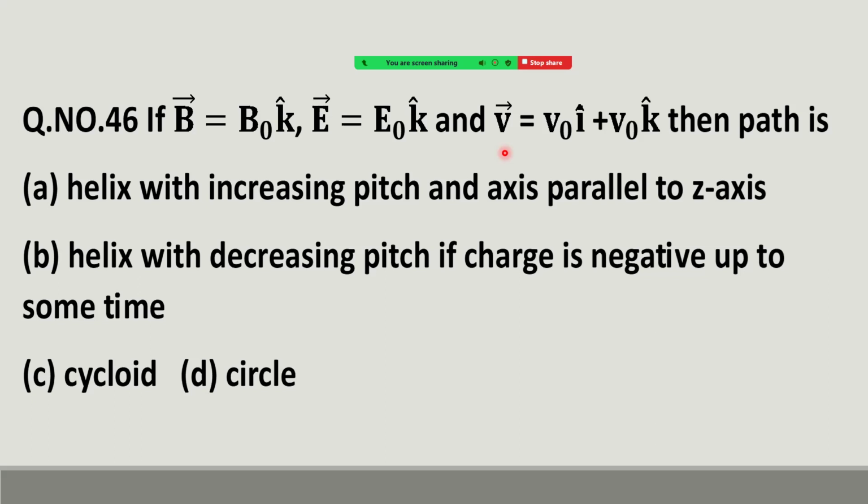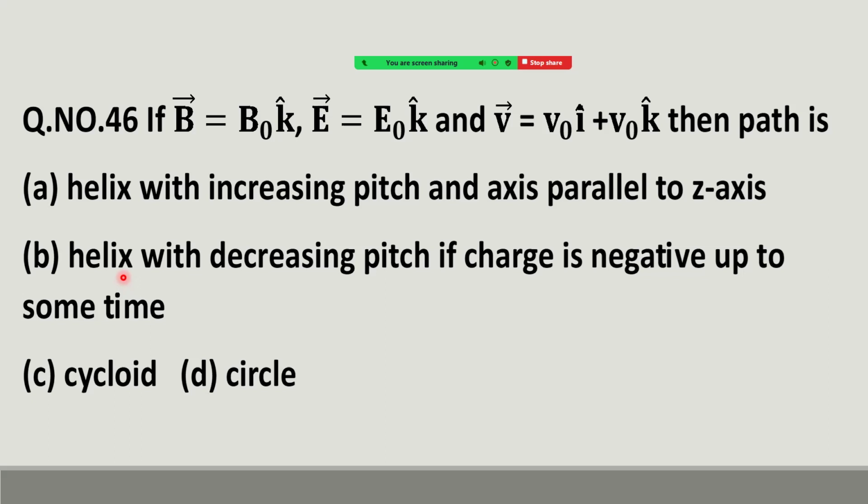But what happens is initially there is a j cap component for velocity. That is the only change. Okay. So a helix with increasing pitch and axis parallel to the z axis. Already we have learned that the axis of the helix will be parallel to B bar. So B bar is now along the z axis. That's why the axis is parallel to the z axis. Okay.